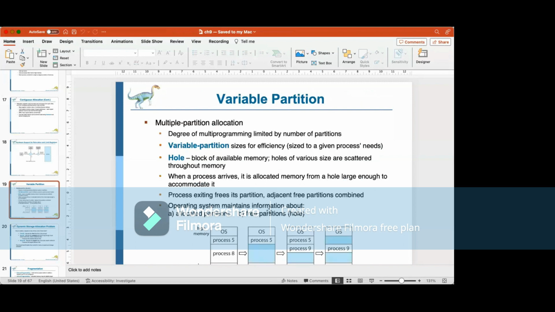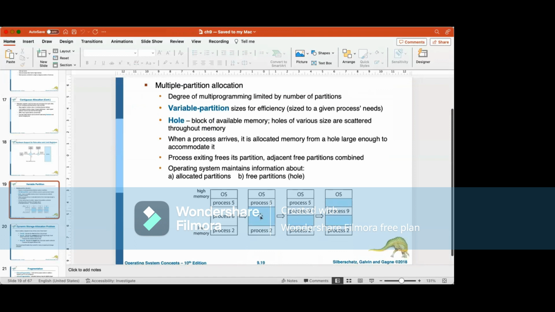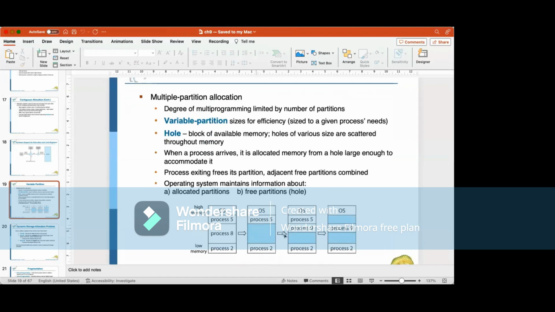So for example, here, suppose we want to accommodate a process. Suppose I have a 2 KB process, I can place it over here in the first fit.